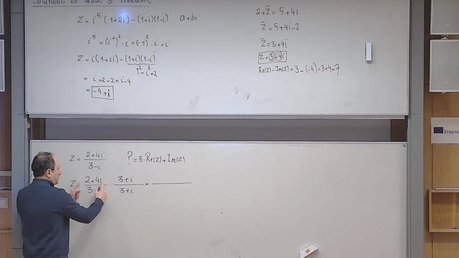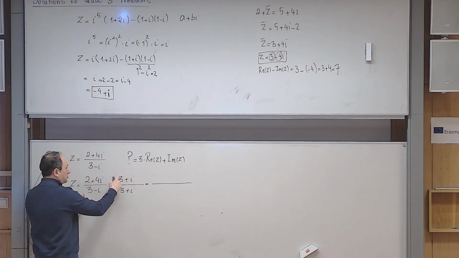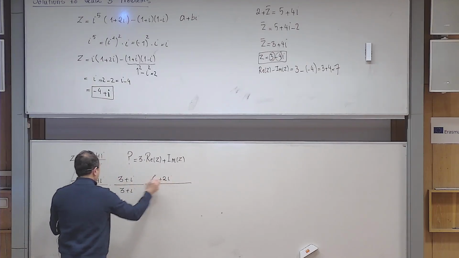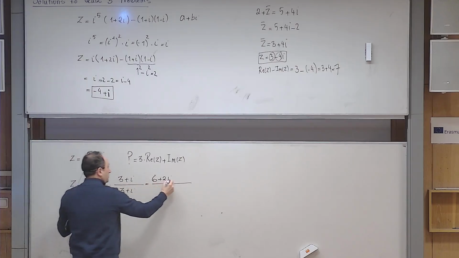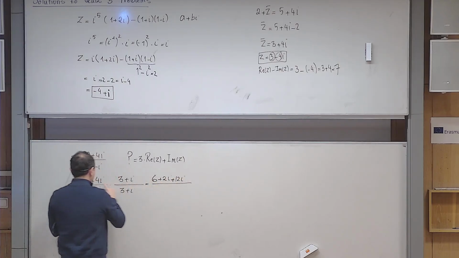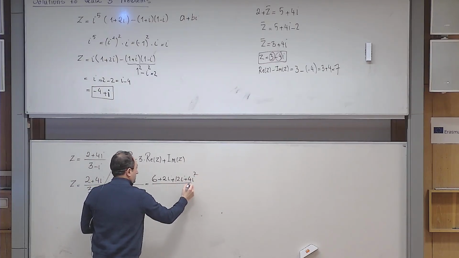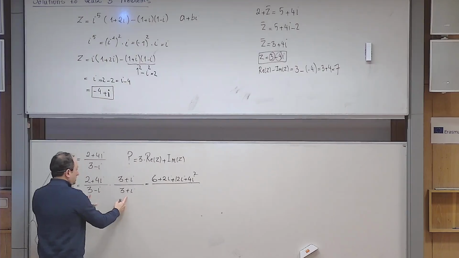I multiply this by that: multiplying 2 by 3, 6; multiplying 2 by i, 2i; multiplying 4i by 3, 12i; multiplying 4i by i, 4i squared. And then here, you can multiply, but it is better to use the conjugate rule.